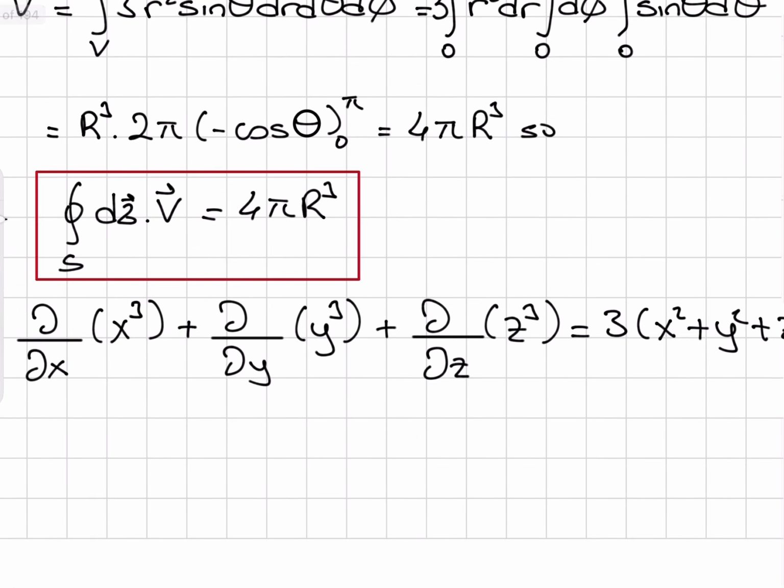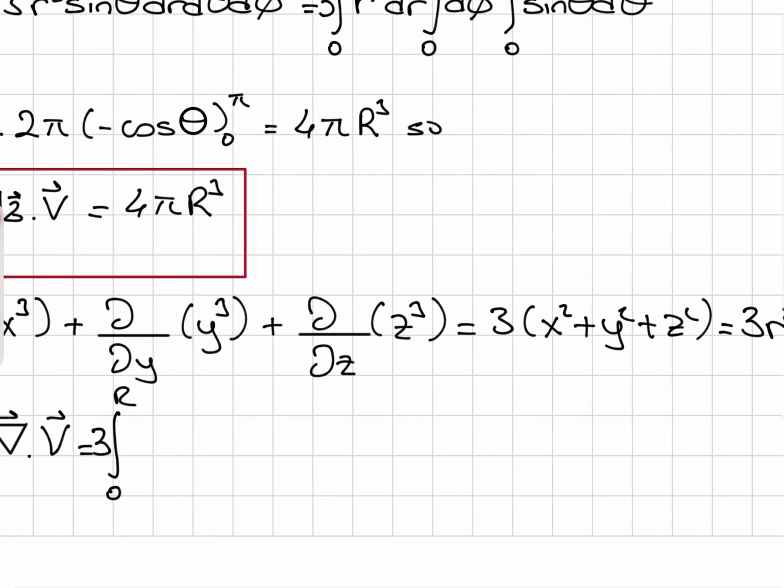Now we're ready to evaluate our integral. The volume integral of d tau times the divergence of v will be the integral on r from 0 to capital R, and now I have 3r squared, so let's keep this 3 here.